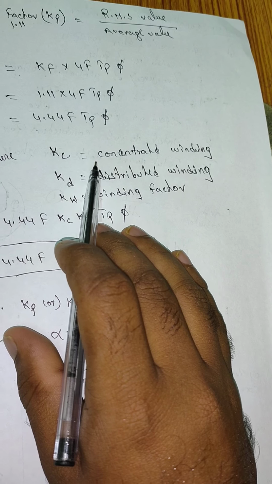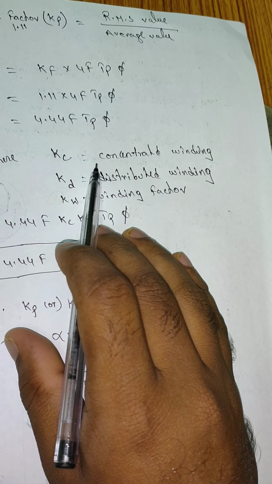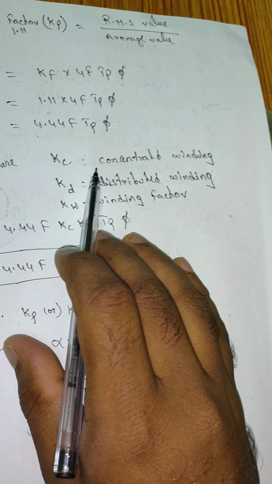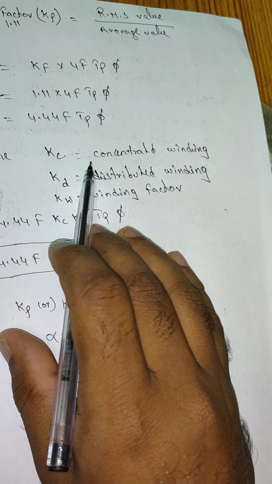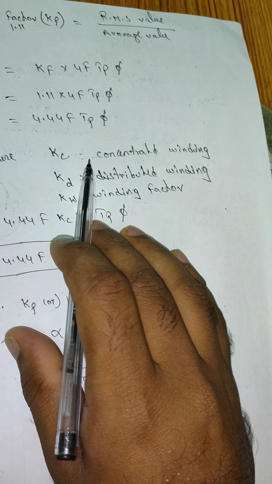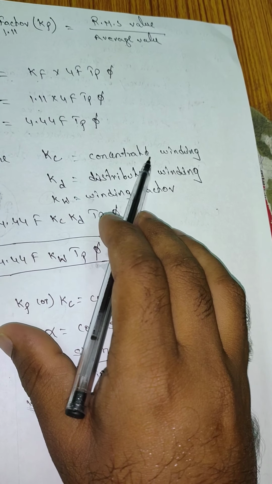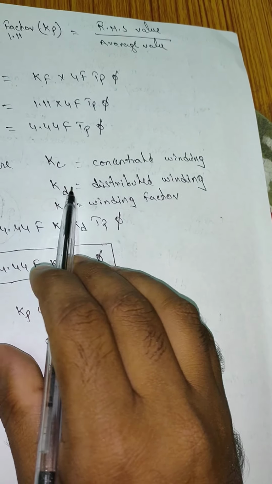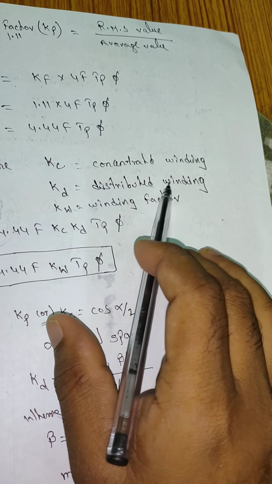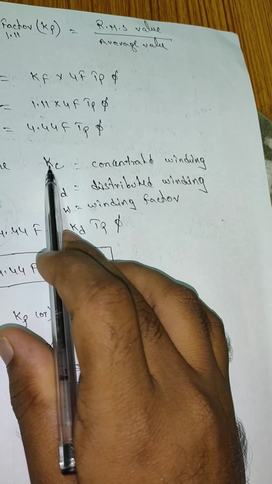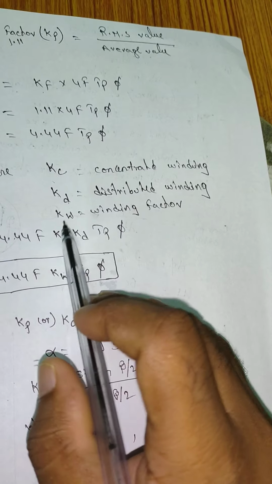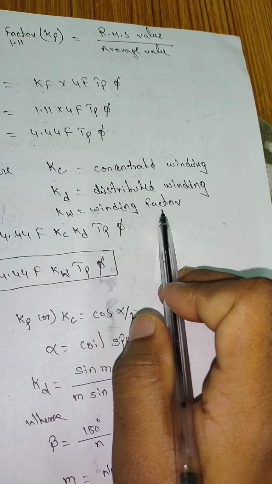One is the cylindrical rotor and the next one is the non-cylindrical rotor. Now in that we have two windings: Kc is called the concentrated winding and Kd is called the distributed winding.